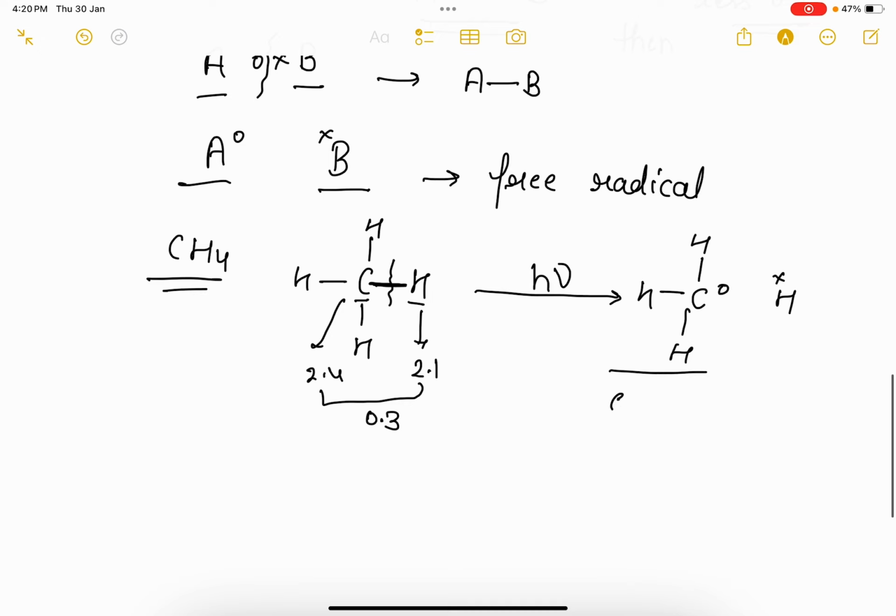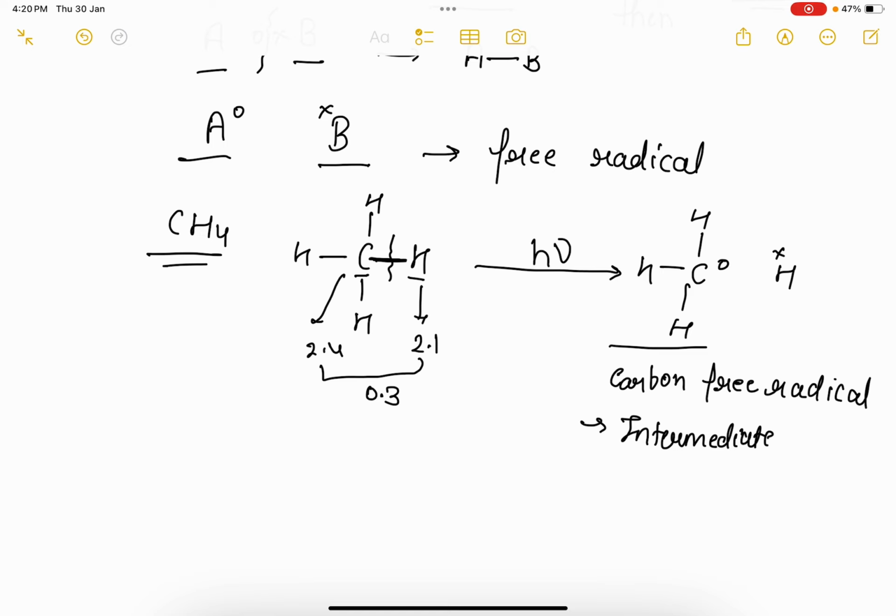So it is called a carbon free radical, and it is an intermediate. When any substrate goes under homolytic bond cleavage, the intermediate carbon free radical is formed.